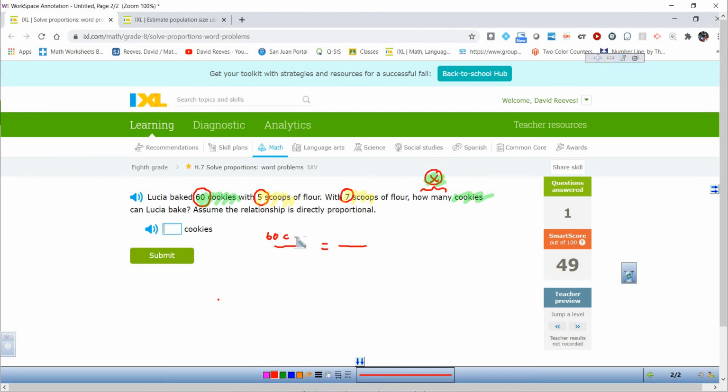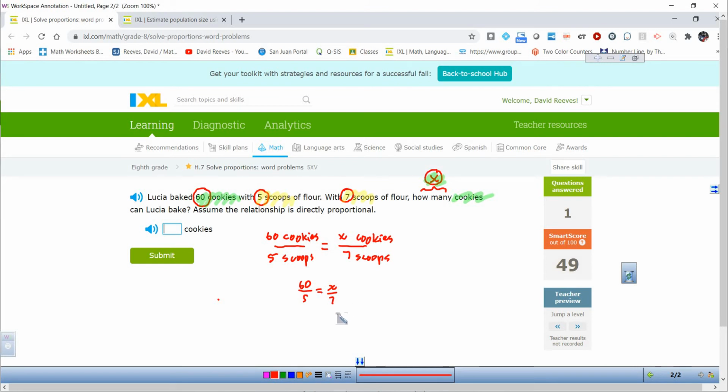So 60 cookies takes 5 scoops, right? And what do we have? We have x cookies takes 7 scoops. So when I go to write my proportion, I have 60 over 5 equals x over 7.